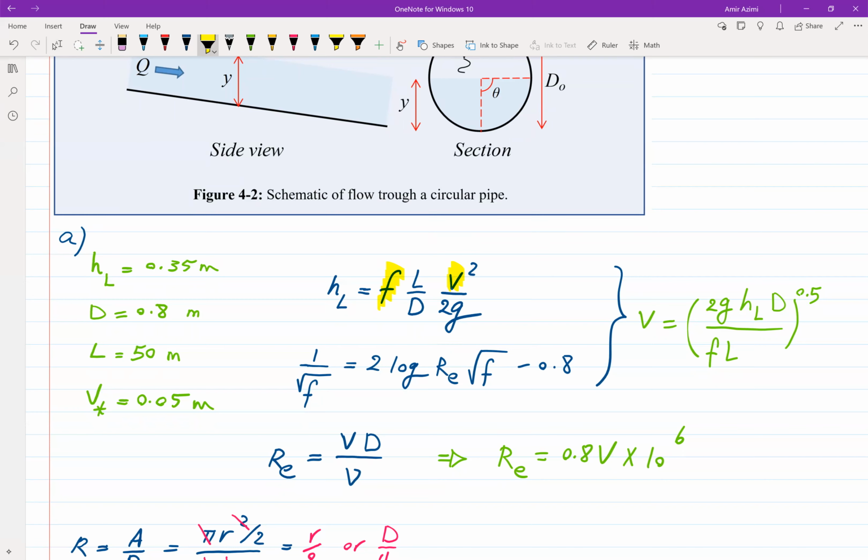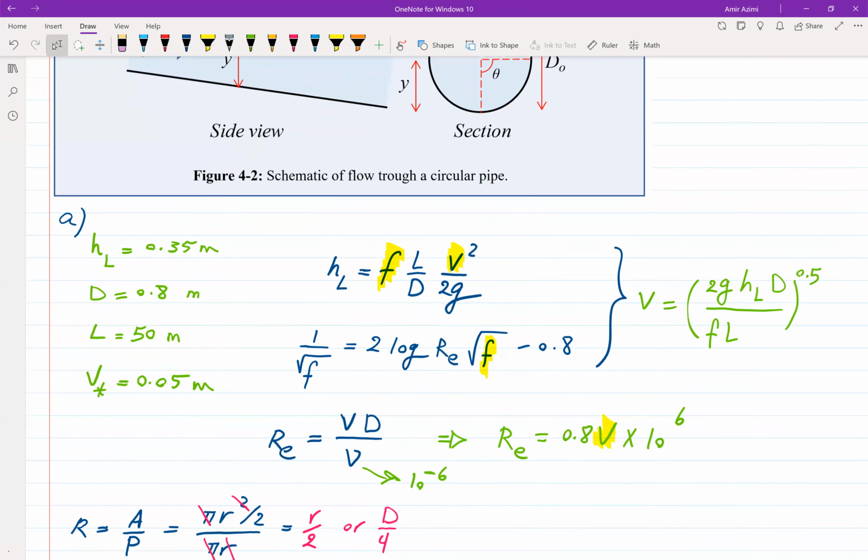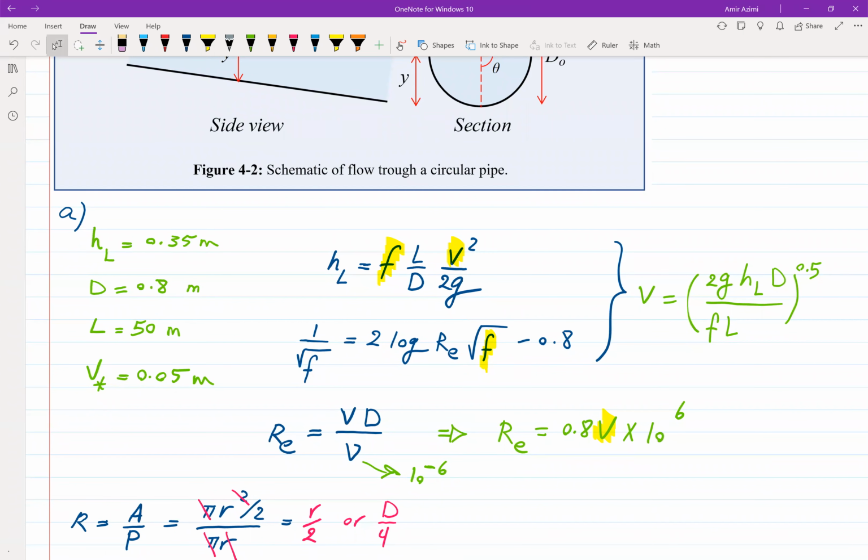Assuming the kinematic viscosity is 10 to the power of -6 for water, the Reynolds number is also a function of velocity. So now we have two equations and two unknowns, velocity and friction factor, and we can calculate both at the same time.